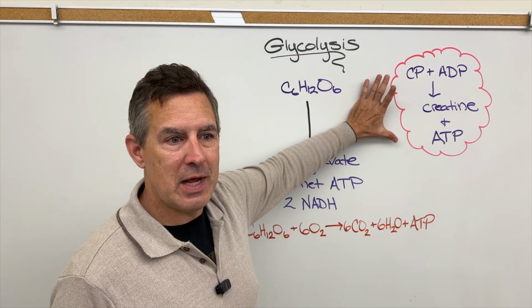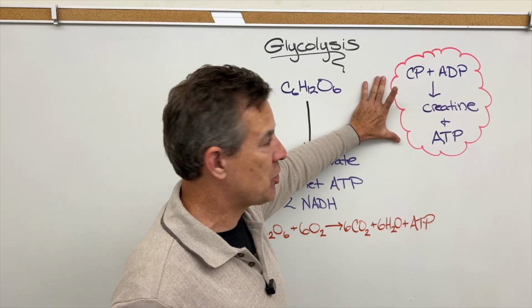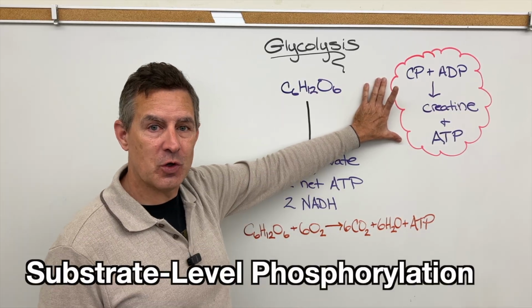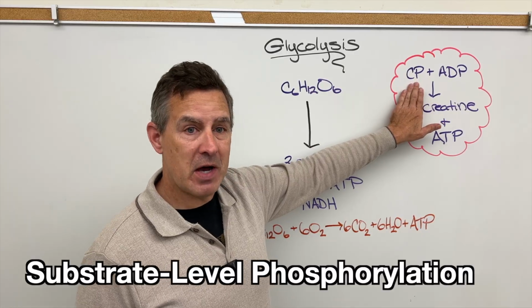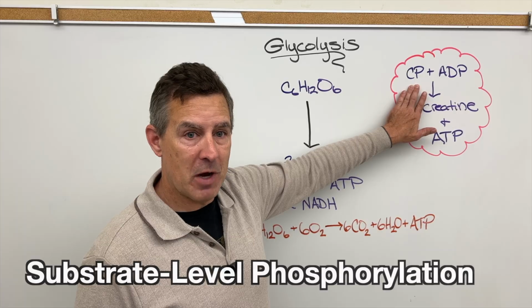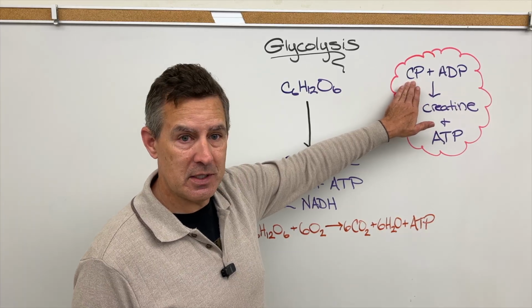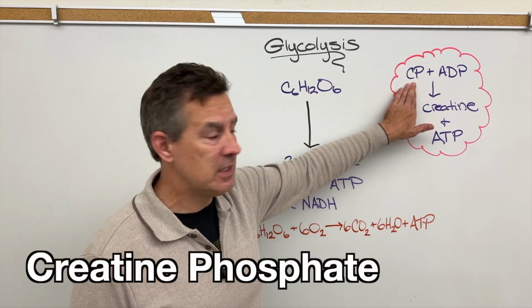This bubble right here has nothing to do with glycolysis. I'm just trying to demonstrate what substrate level phosphorylation is. That is to say, it's taking a phosphate from one substrate or one high energy molecule, in this case creatine. This is known as creatine phosphate or phosphocreatine.